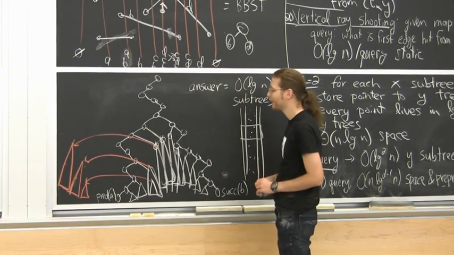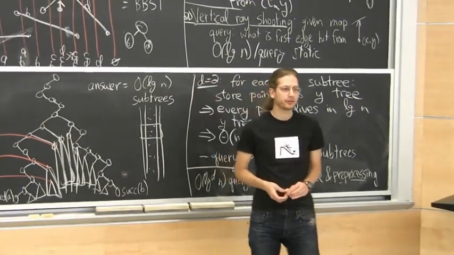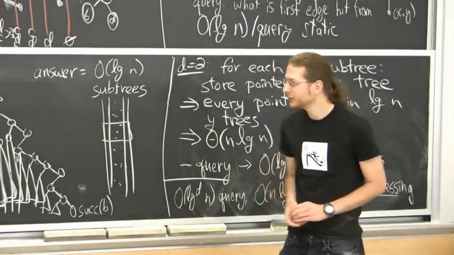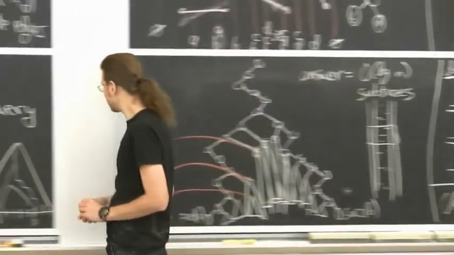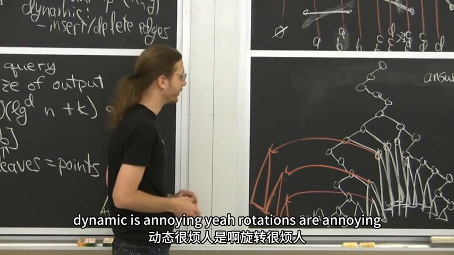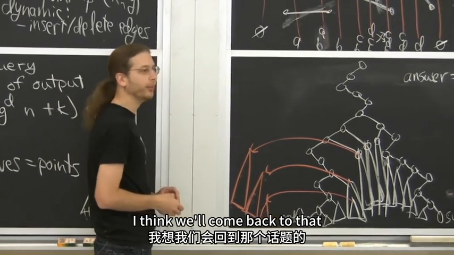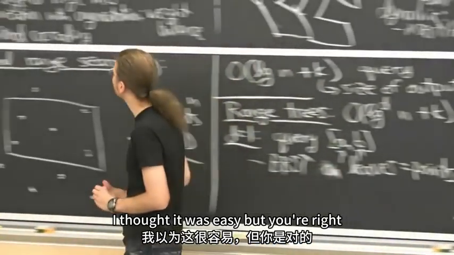Other questions? Yeah? If we were doing a dynamic case, how would we implement rotations in the X? Okay, dynamic. Dynamic is annoying. Yeah, rotations are annoying. I think we'll come back to that. We can solve that. I thought it was easy, but you're right.